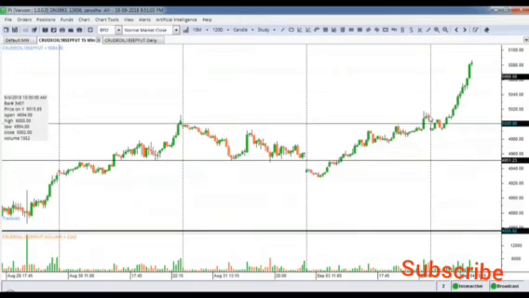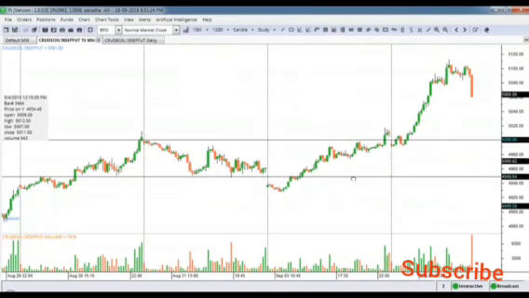Is this a bullish engulfing? Yes, no, maybe. Yes, sir. Okay, so there's a bullish engulfing.